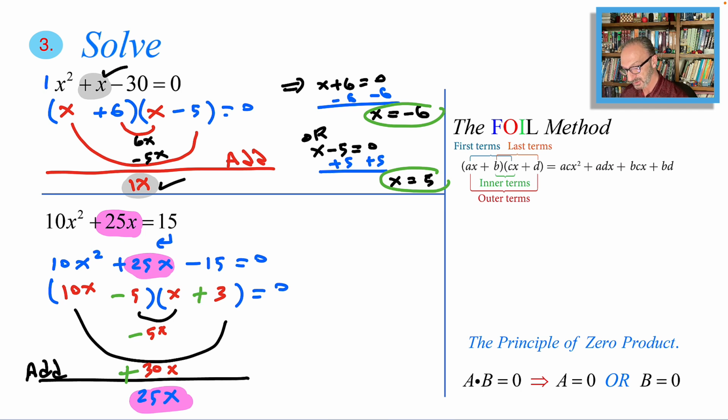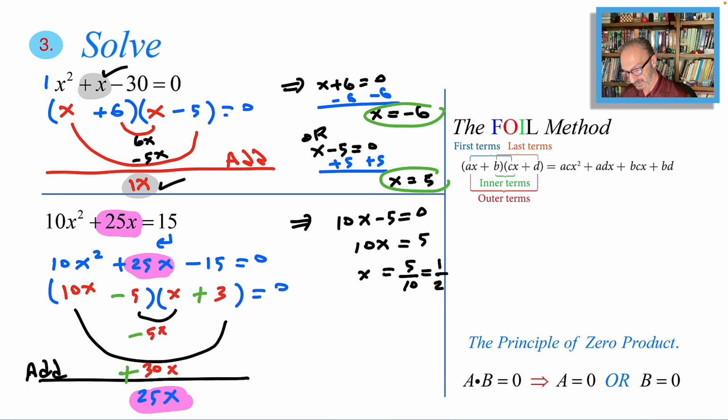With the principle of zero product, we could finish it by saying we have 10x minus 5 equals 0. Add 5 to both sides. I have 10x equals 5. Divide by 10, divide by 10. I get x equals 5 over 10, which is 1/2.